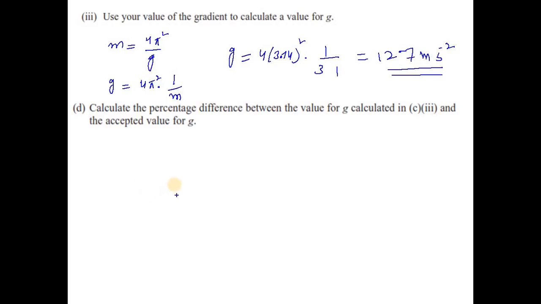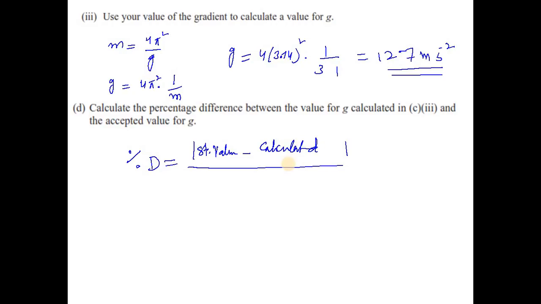The percentage difference we can find using the approach of finding error, which is the absolute value of the standard value minus the calculated value, divided by the standard value, times 100.